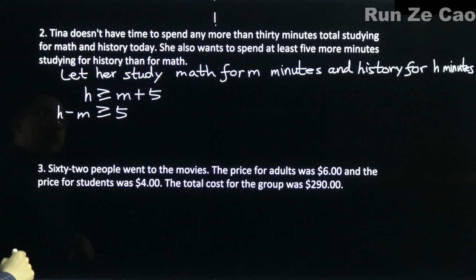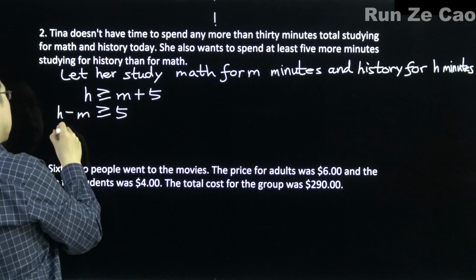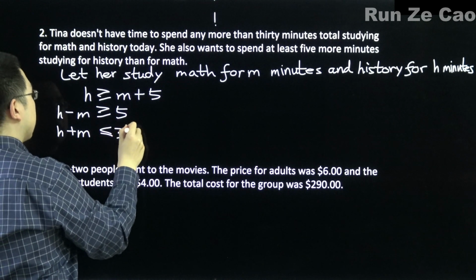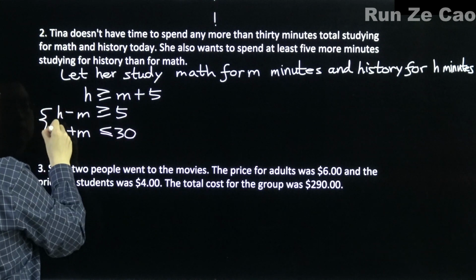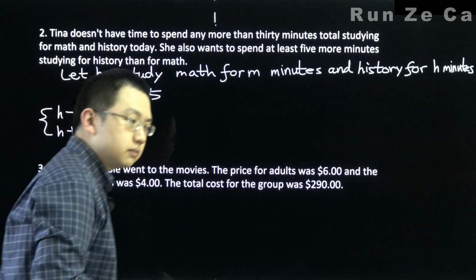And the total is no more than 30 minutes total. That means up to and including 30 minutes. So h plus m is smaller than or equal to 30 minutes. Yeah, this is your system of inequalities here.